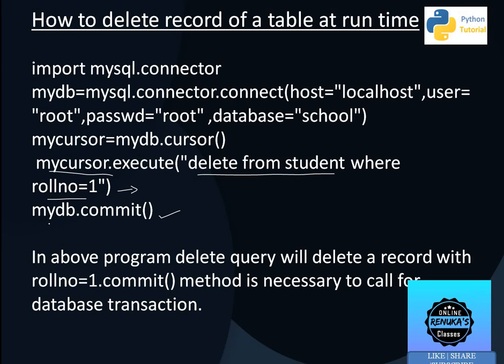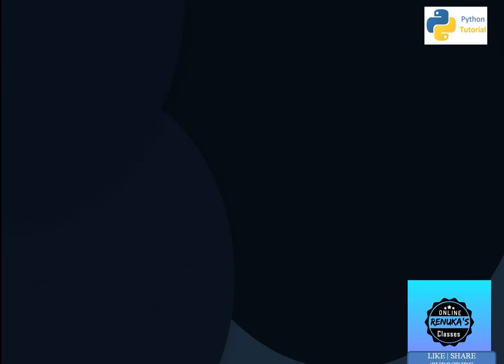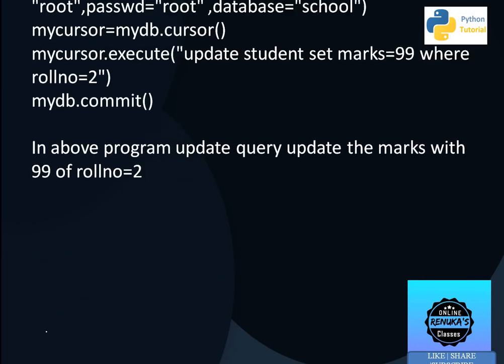But if you give the command mydb.commit, then this change, the deletion of this record, will be permanent in the database. So to save the changes you have to give the command mydb.commit, meaning all the changes in my database are saved.